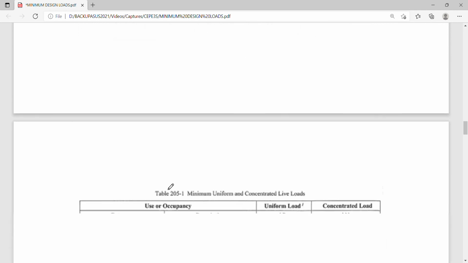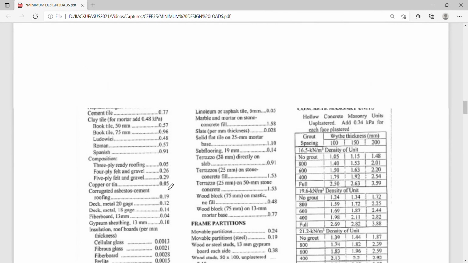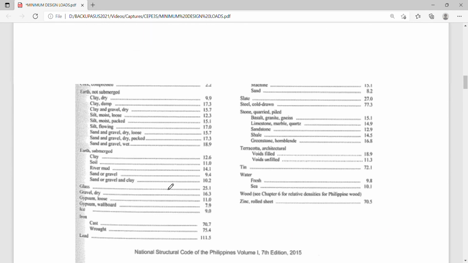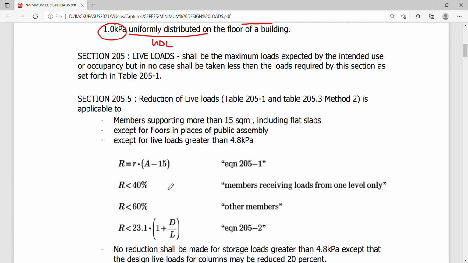Okay, so that's it for the dead loads. The dead loads are not difficult to compute, but they are very important in the aspect of analysis because they exist.